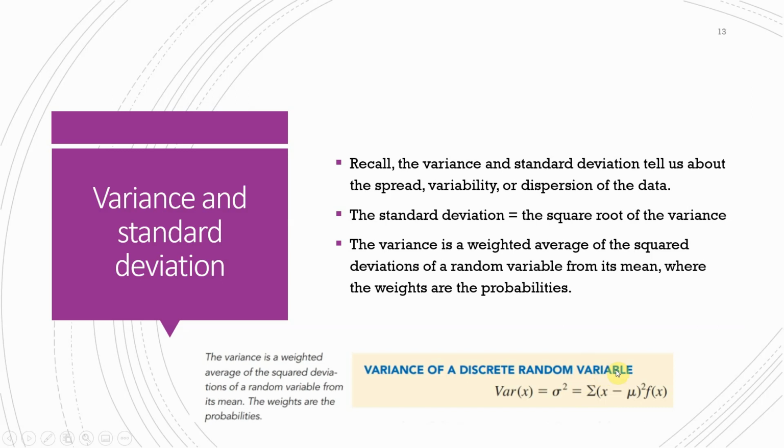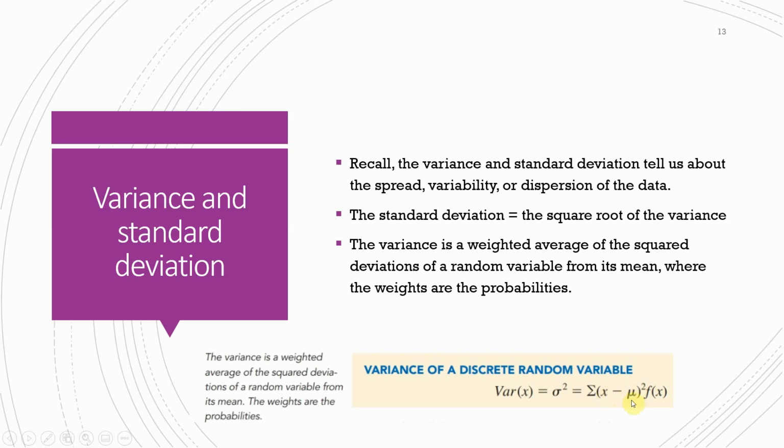Here's the formula for variance for a discrete random variable. If you remember the formula for variance, it's quite similar. The variance is telling us the average distance that values are from the mean. For each of your values, how far is it from the mean? And remember, we square it. Do you remember why we square it?